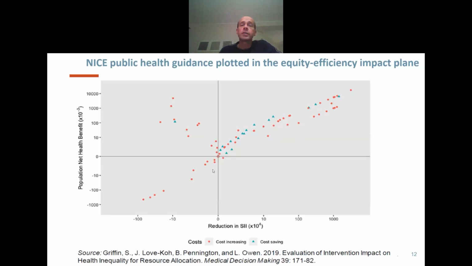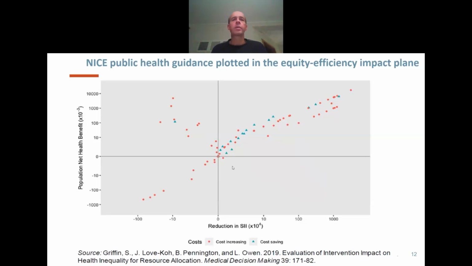And so this is essentially using the same quadrant as the simplified one that I showed earlier, where we have a measure of equity on the x-axis, a reduction in SII, that's the slope index of inequality. I need to discuss the details here.